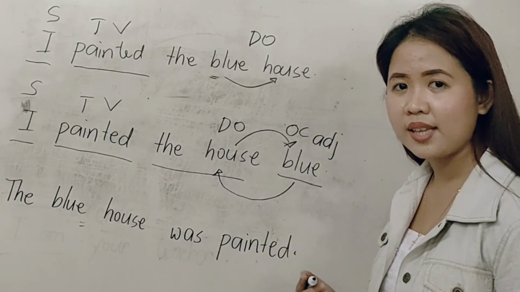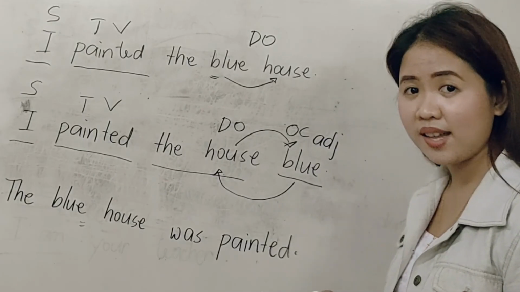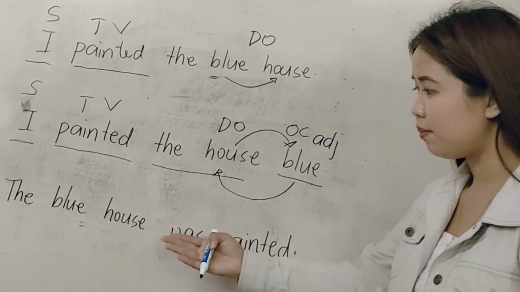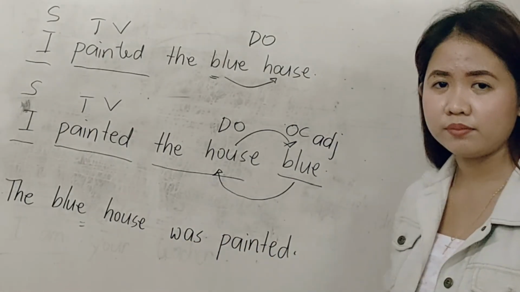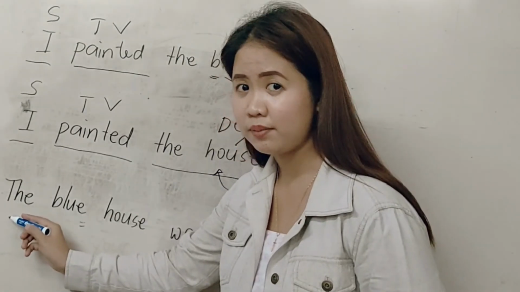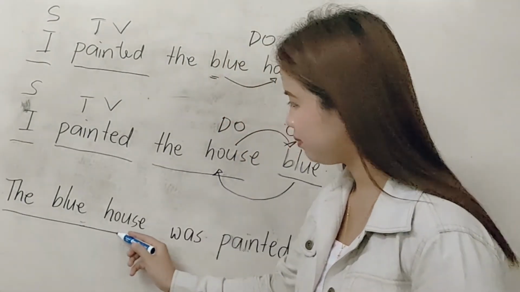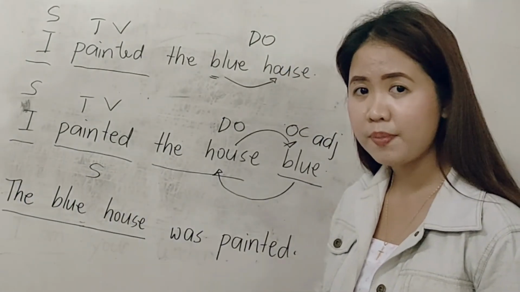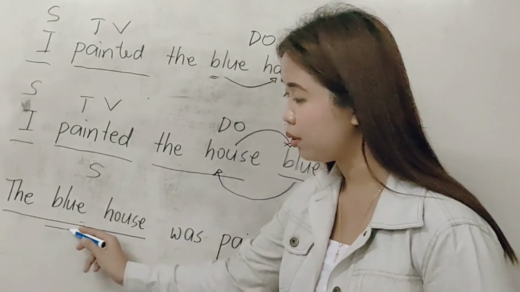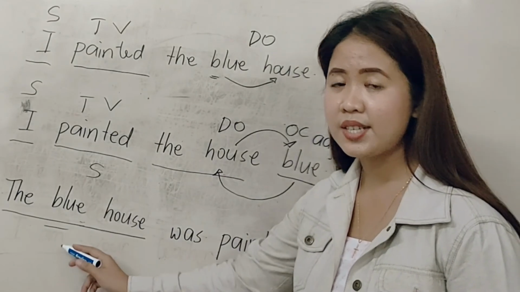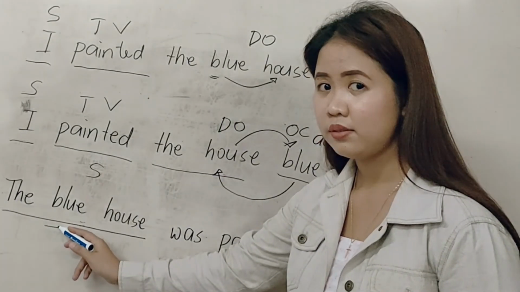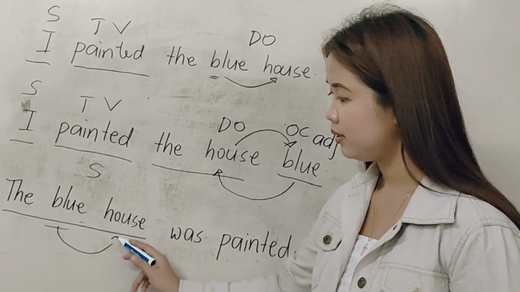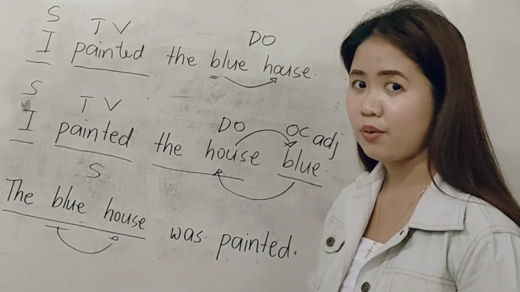What if the sentence goes like this? What is the pattern? The blue house was painted. What is the subject? The blue house. This is the subject. Do not be confused of the word blue, because this is a modifier of the subject house.